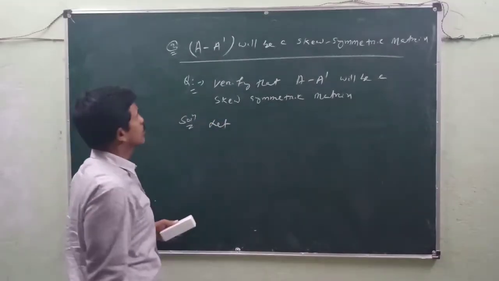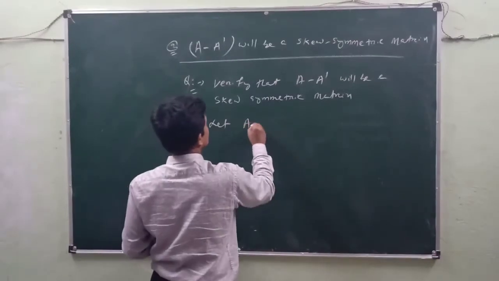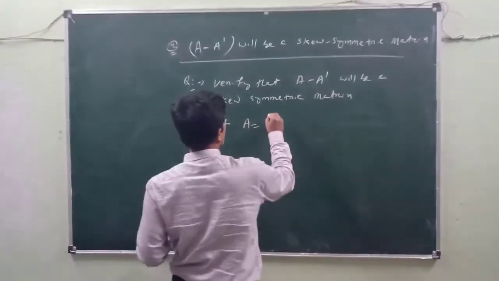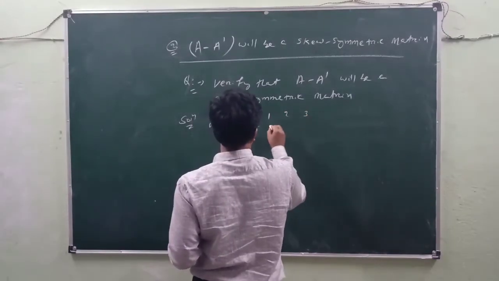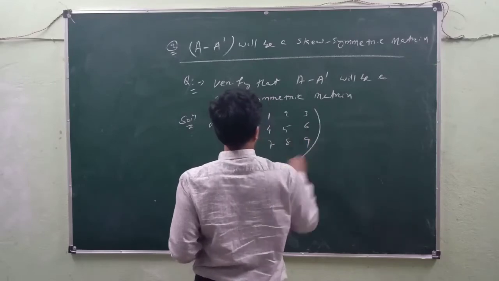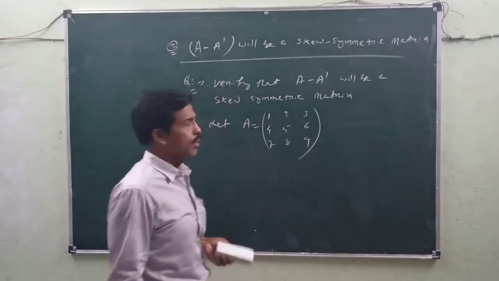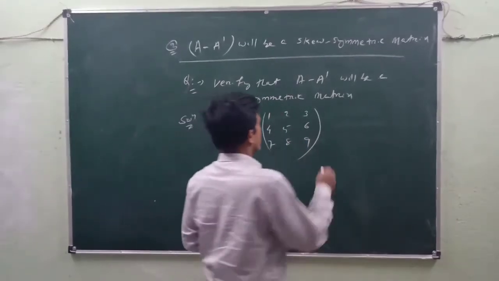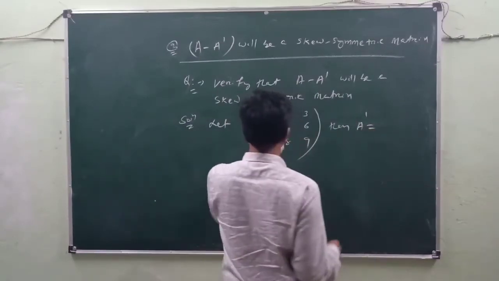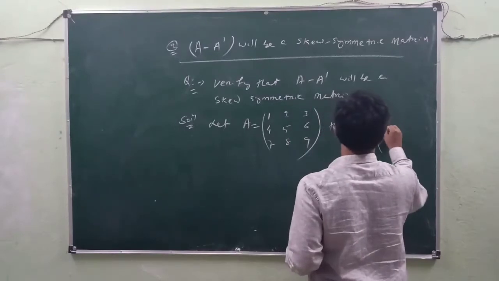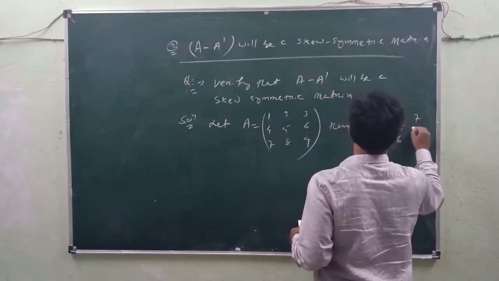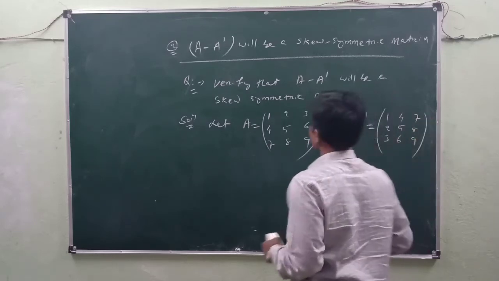You take A equal to any square matrix. Suppose I write 1, 2, 3, 4, 5, 6, 7, 8, 9. Then what will be the value of A transpose? It will be 1, 4, 7, 2, 5, 8, 3, 6, 9.